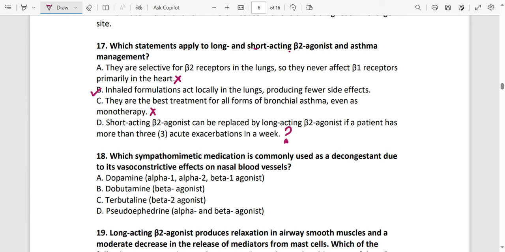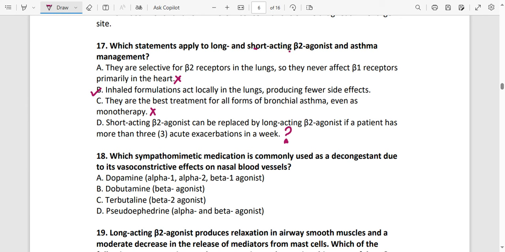So pseudoephedrine is the answer. It's an alpha and beta agonist. Remember the alpha receptor, specifically alpha 1, even alpha 2, you are going to find them in blood vessels.